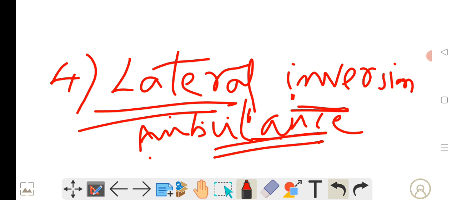Otherwise, ambulance also is seen in the mirror in lateral inversion, then they will have confusion whether it is an ambulance or not. That is the reason on ambulances generally it is written in the lateral inverted form. I hope all of you understood this. Very, very important, these concepts.